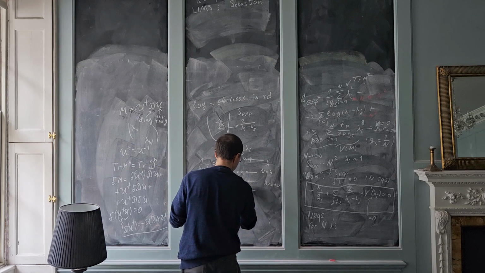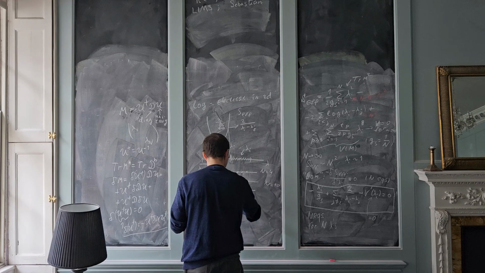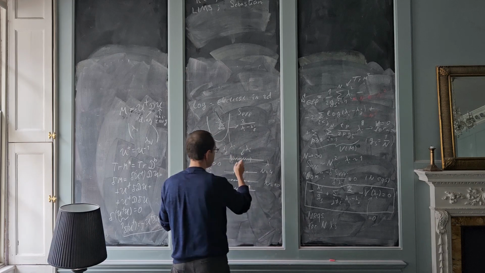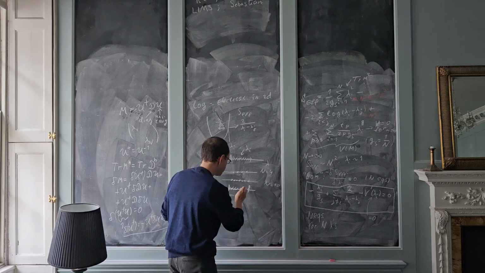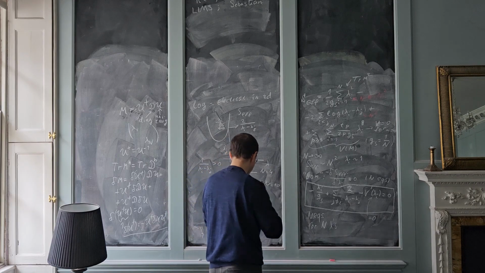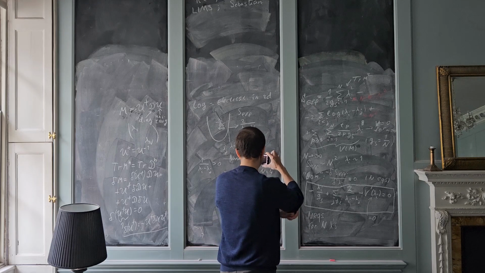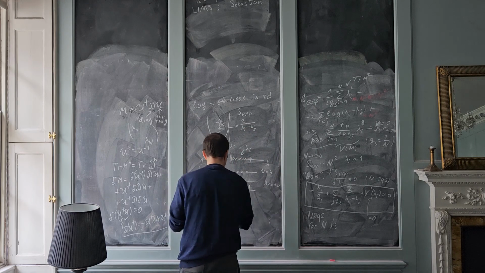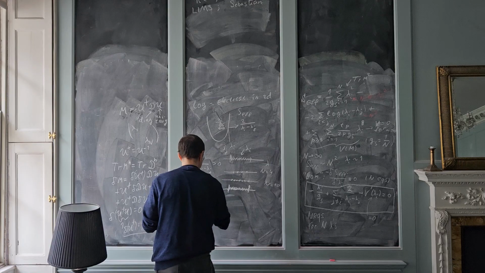Just like I drew here. So they will fill it with some density that we can call rho of lambda.